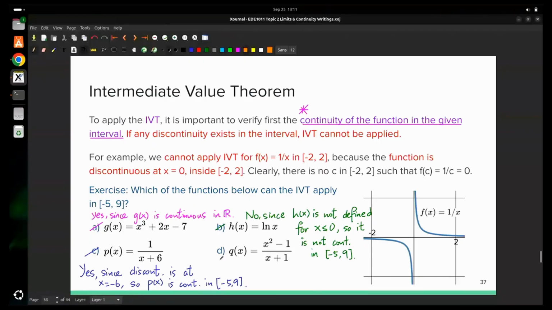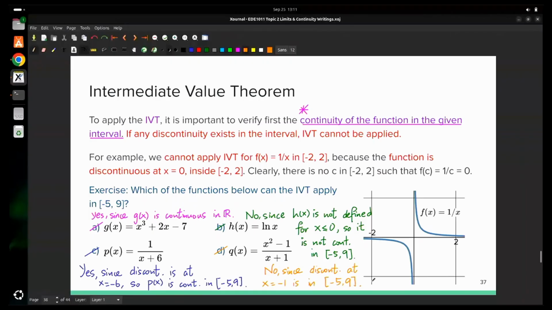Okay? Now about D. I think you probably know that the answer is no. No, okay, because x equals minus 1 is inside the interval. So no, since the discontinuity at x equals minus 1 is in minus 5 to 9.